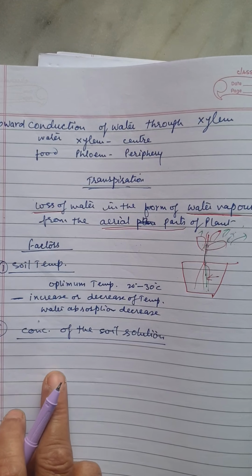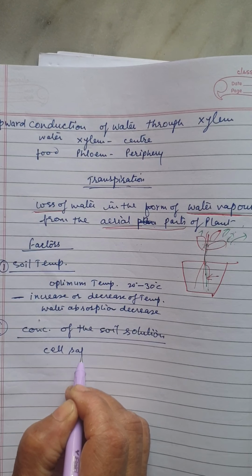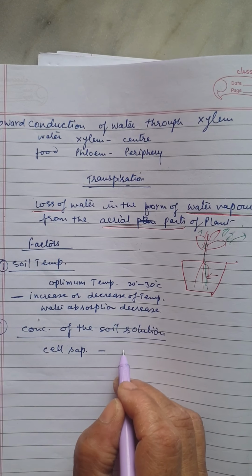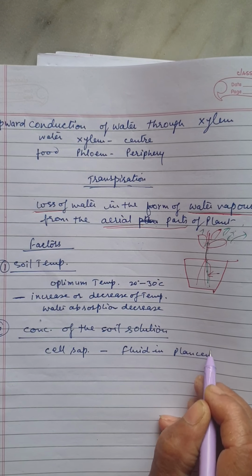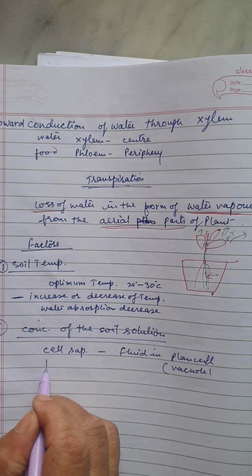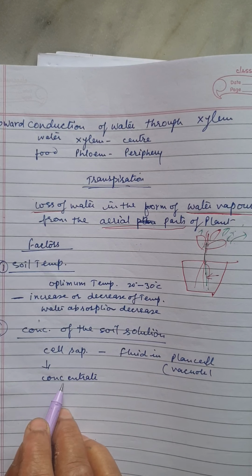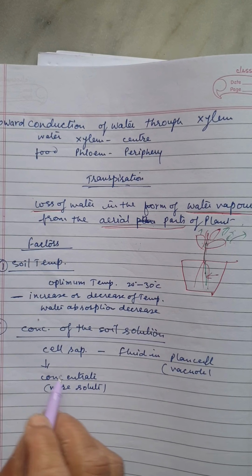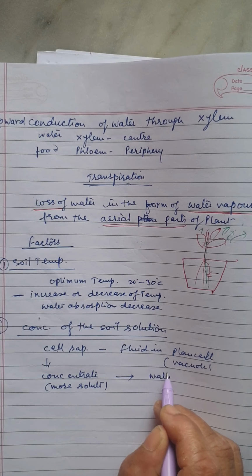As we know, the cell sap means the fluid inside the plant cell, in the vacuole. If the cell sap is concentrated, concentrated means more solute in it. If there is more solute in the cell sap in the plant cell, the water absorption is more.